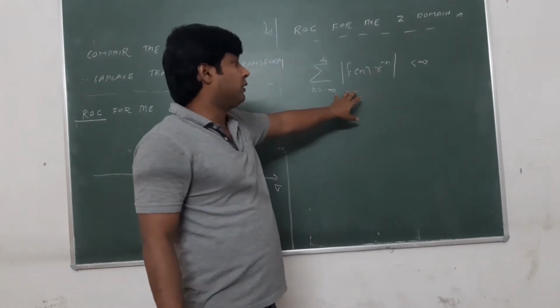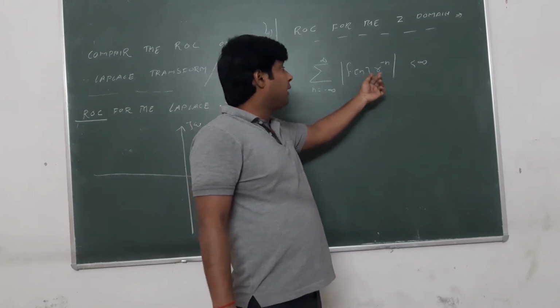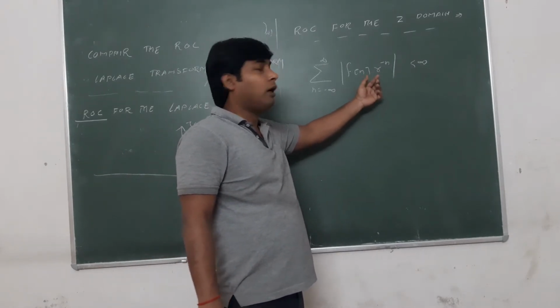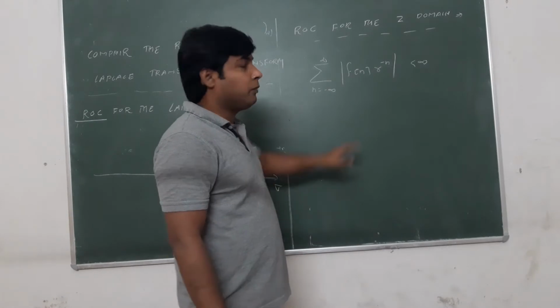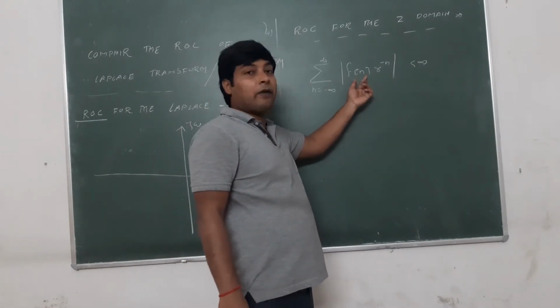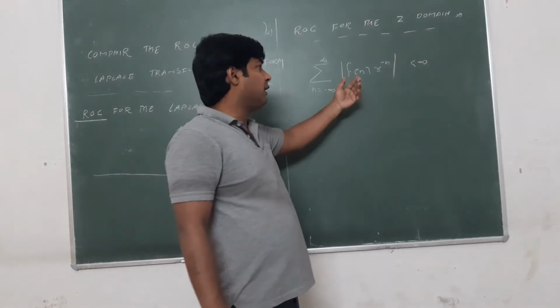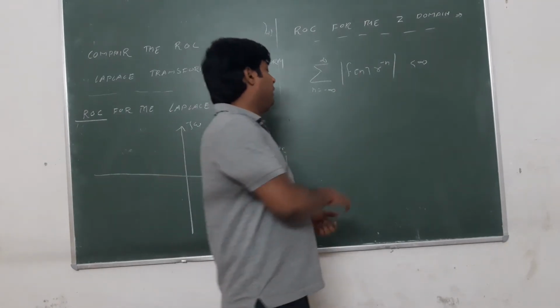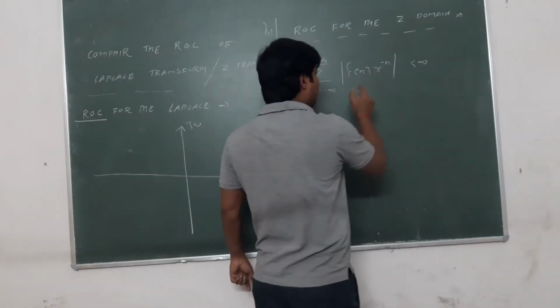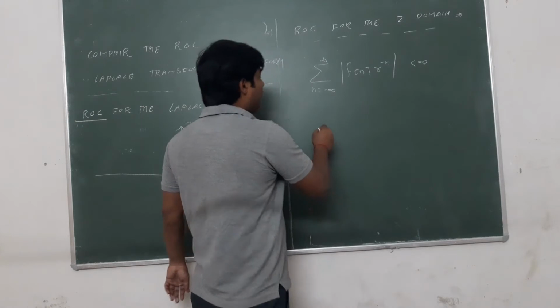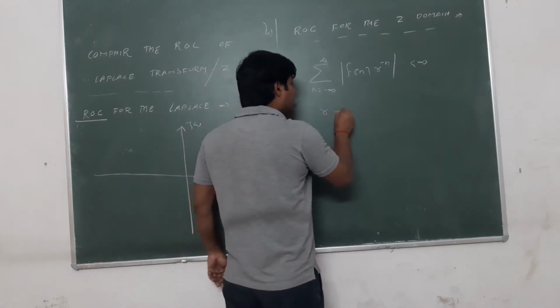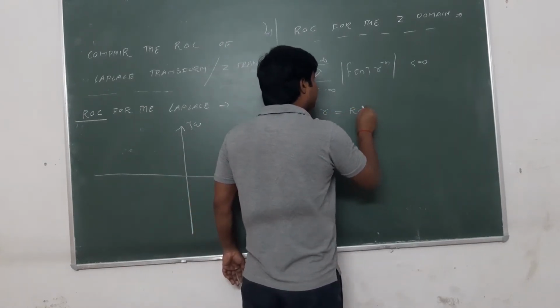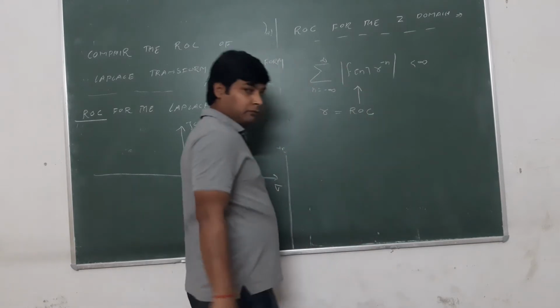From this expression we find the range of the value of r, and it should be the ROC for f[n]. Whatever the given signal f[n], we need to find the range of value r, and that value of r is known as the ROC of the given signal f[n].